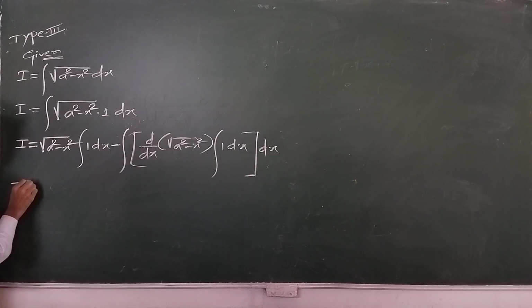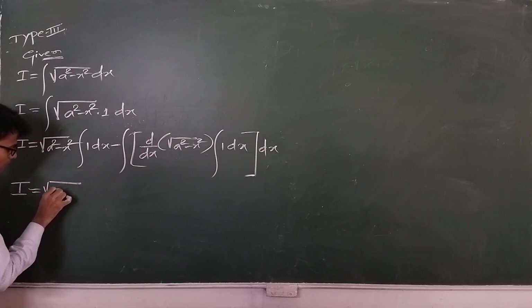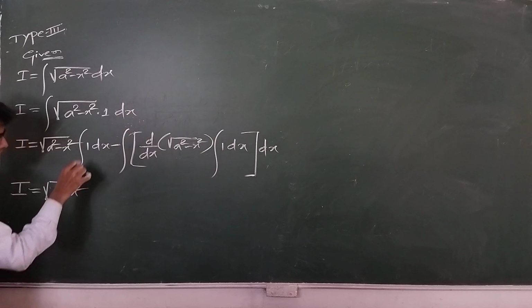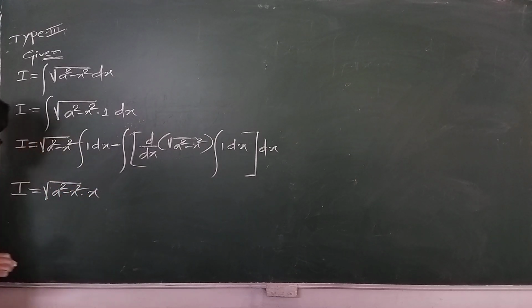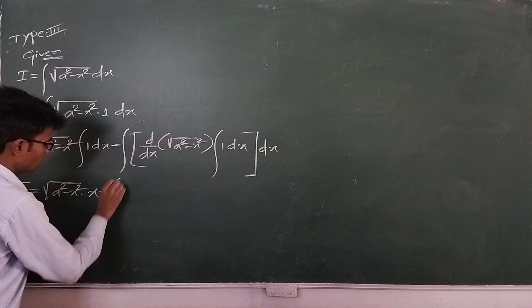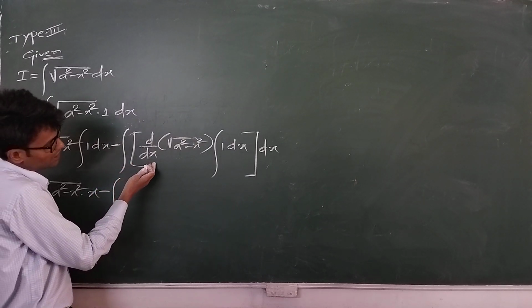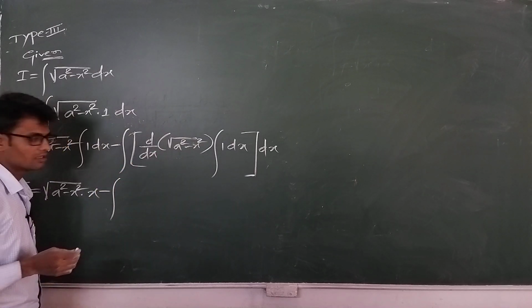So therefore I is equal to square root of a square minus x square as it is. See, integration of 1 with respect to x is x, minus integration of differentiation of square root of a square minus x square.